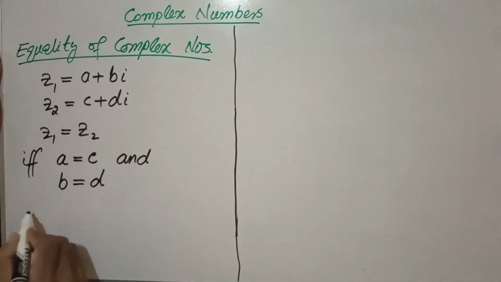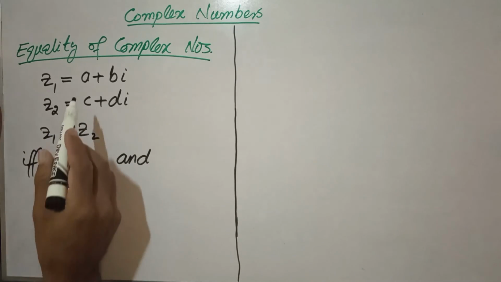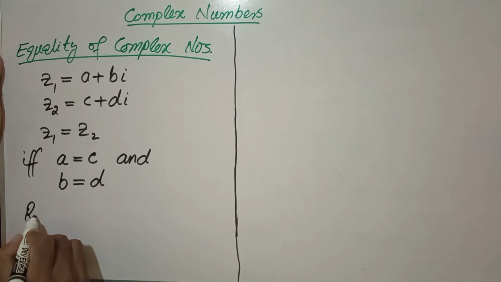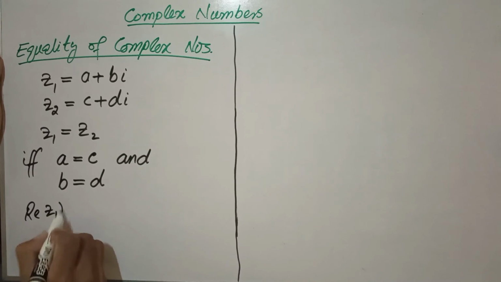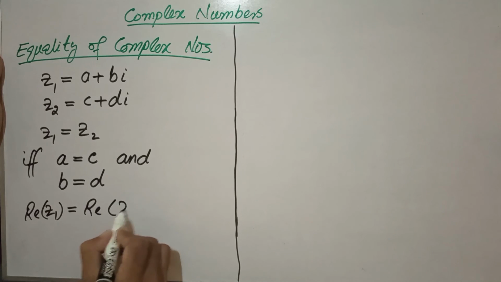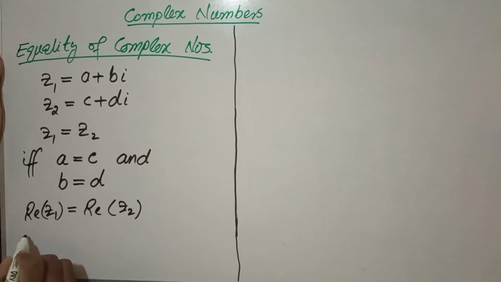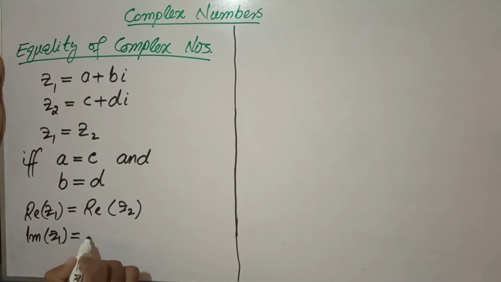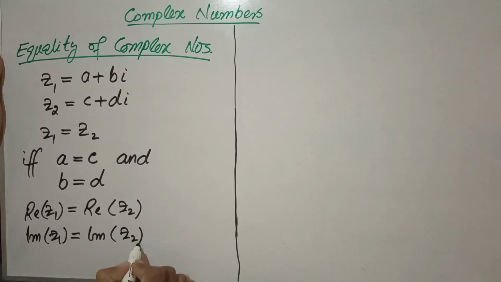Thus, we can simply write that two complex numbers are equal if the real part of z1 is equal to the real part of z2, and similarly, the imaginary part of z1 is equal to the imaginary part of z2.